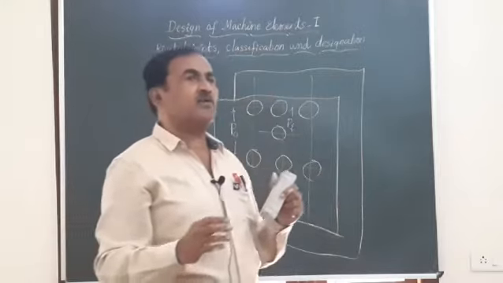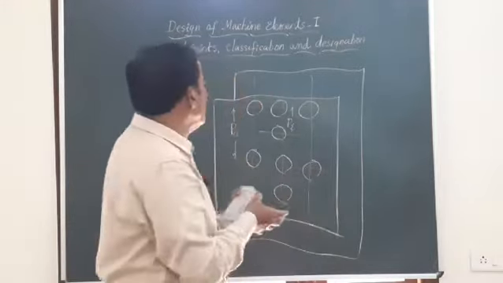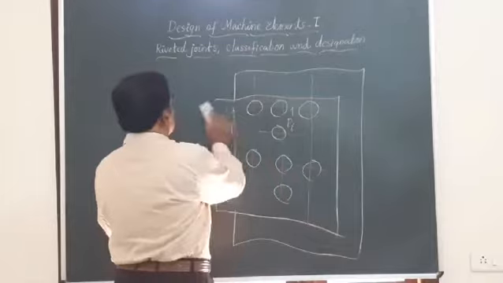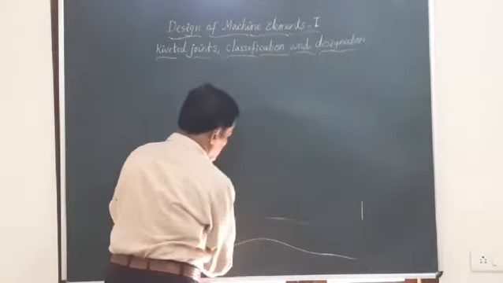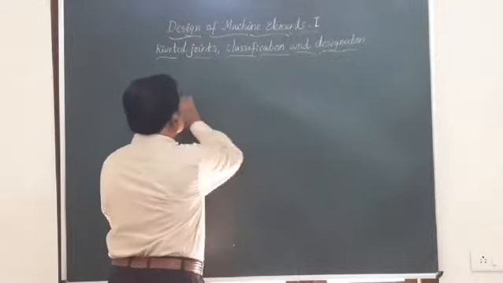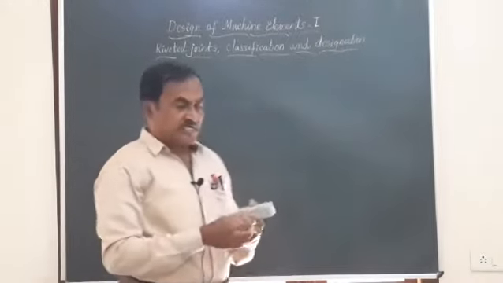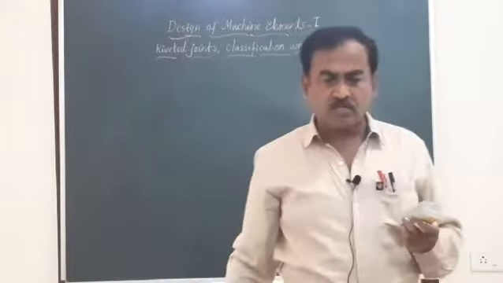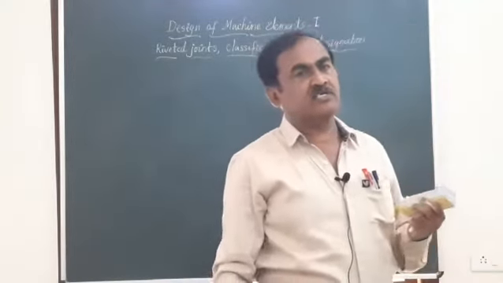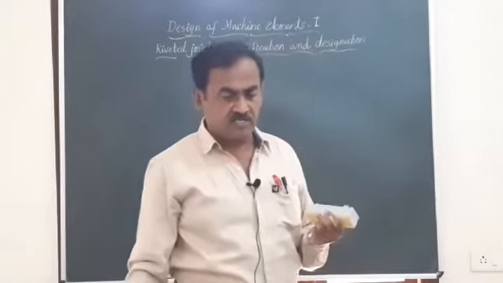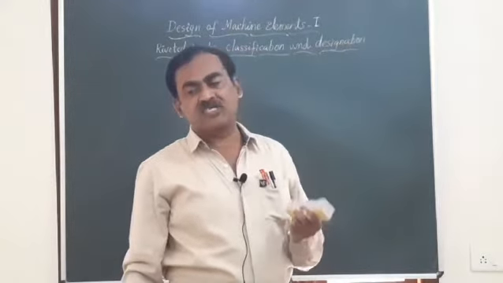So you are going to have lot of problems on each of these types later on. Friends, after knowing what a lap joint is, how the rivets are arranged, in what form they are arranged, let us go to a butt joint.